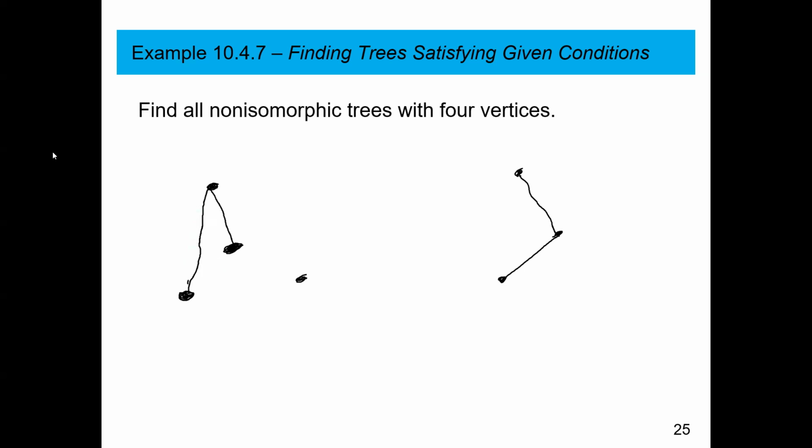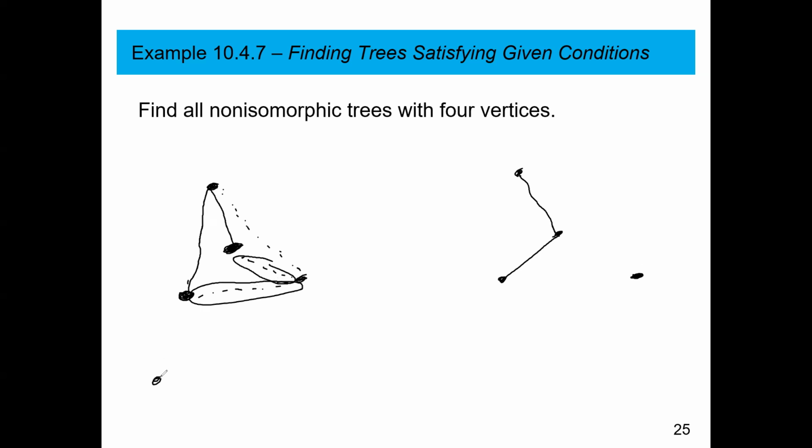All right, so with that said, now I got to add the fourth vertex in. It has a couple different options. Option 1, it can connect here, or it can connect up here in this graph. If it connects to either of these 2, it's actually the same thing.